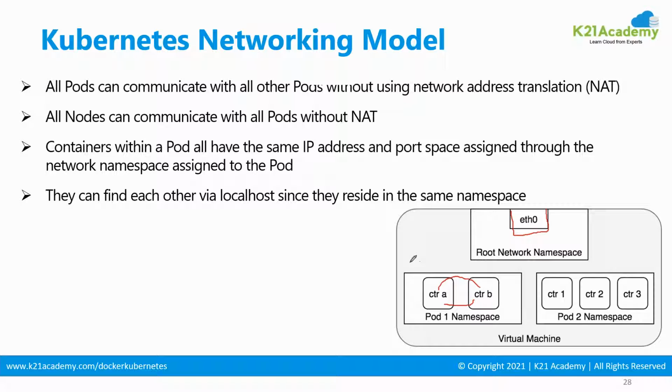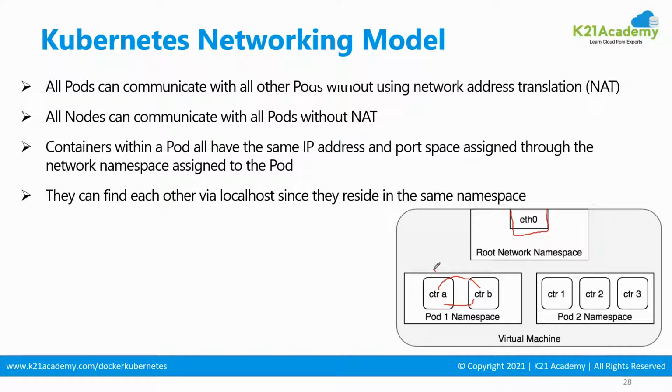Since the pod has a single IP address, and there is no IP address for the containers, the service inside container A and the service inside container B will be able to talk to each other by using localhost, that is 127.0.0.1, colon the port number of the container, right?